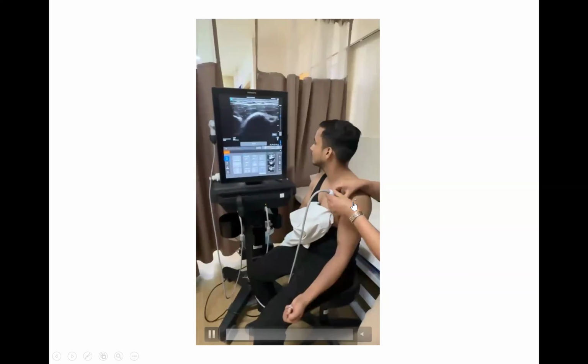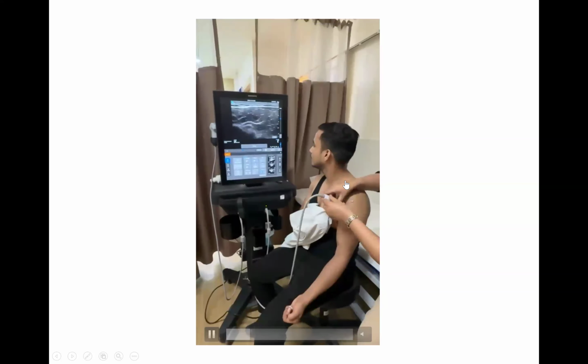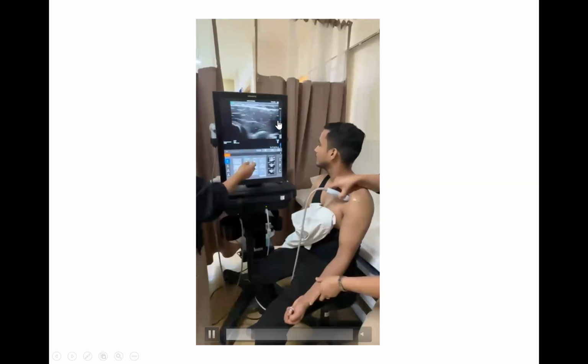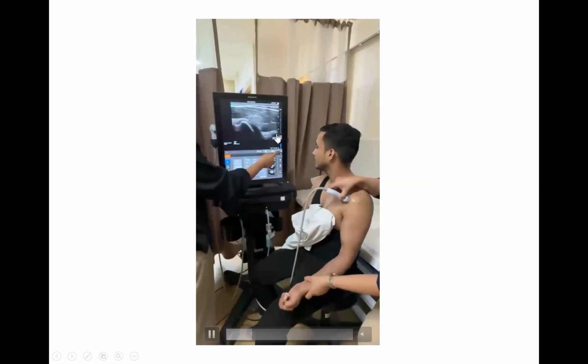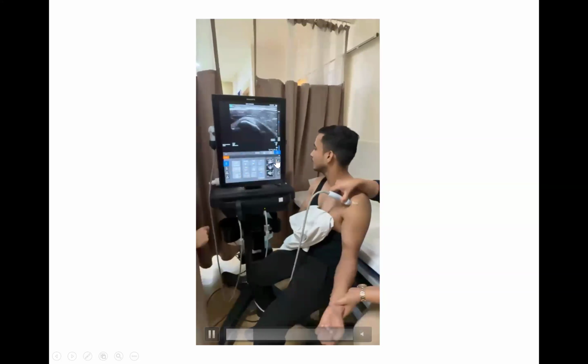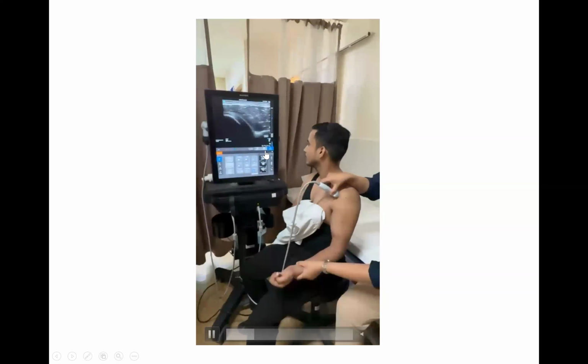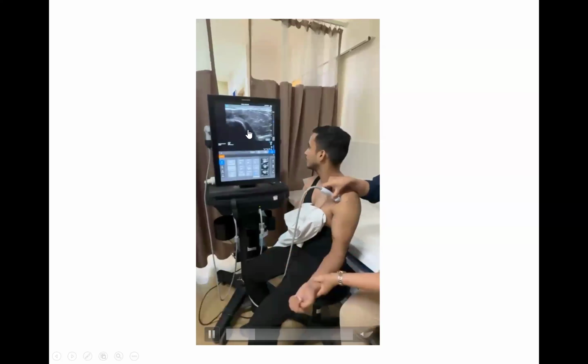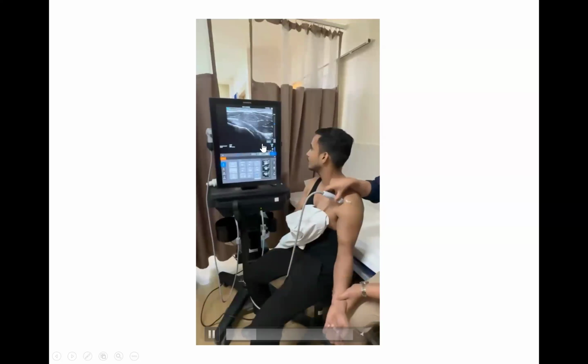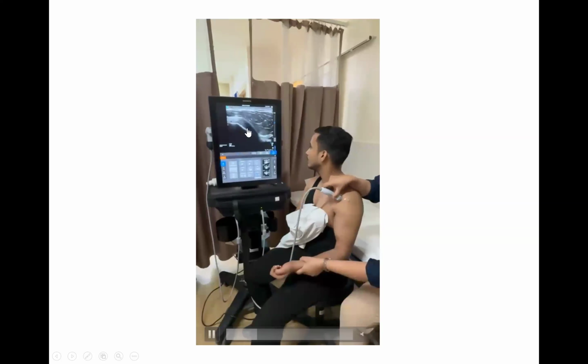After that, in the same position, move the probe a little medial, look for the coracoid process, then externally rotate the forearm and look for the subscapularis tendon in the long axis.